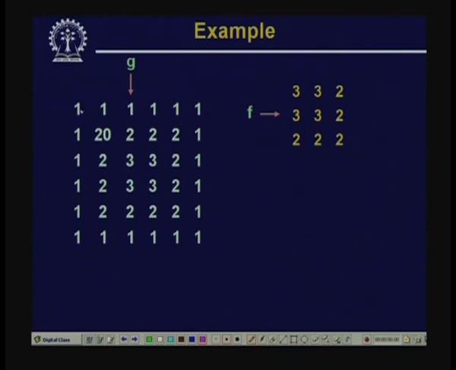So, 3 will be placed over here, this particular element will be placed over here, this 2 will go here, this 2 will come here, this 2 will come here, and on the left hand side, the other part of the template will be like this, 2, 3, 3, 3, 2.